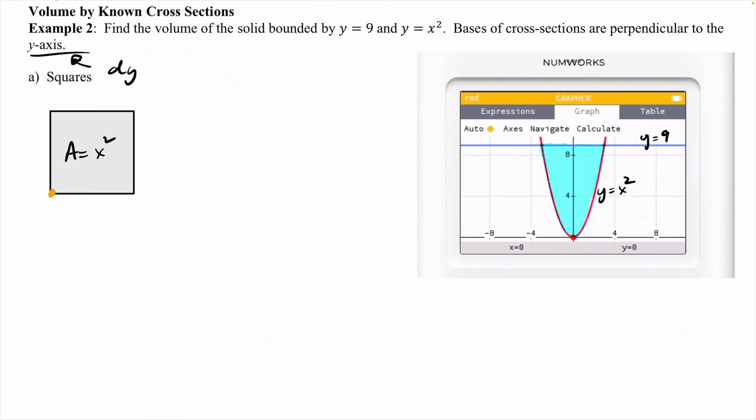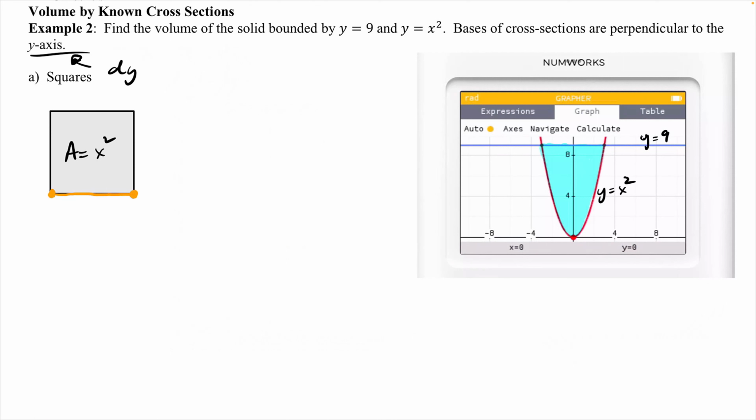So this side, or one of the sides I should say, is going to sit perpendicularly to the y-axis, right? Perpendicularly, is it going to be horizontal or vertical? Horizontal, right?